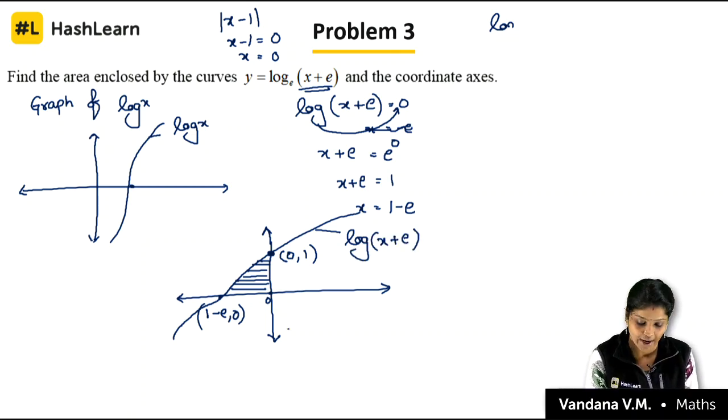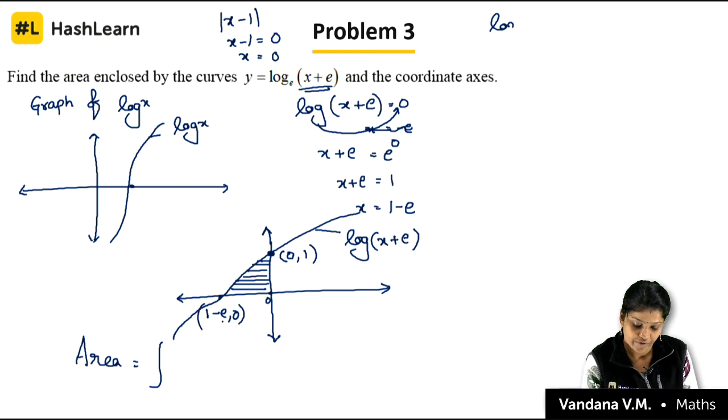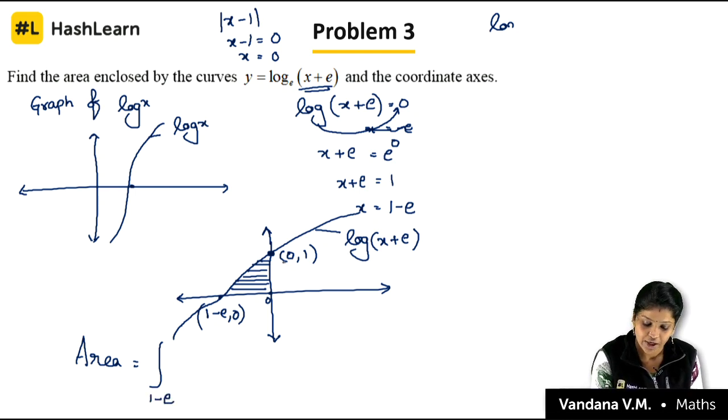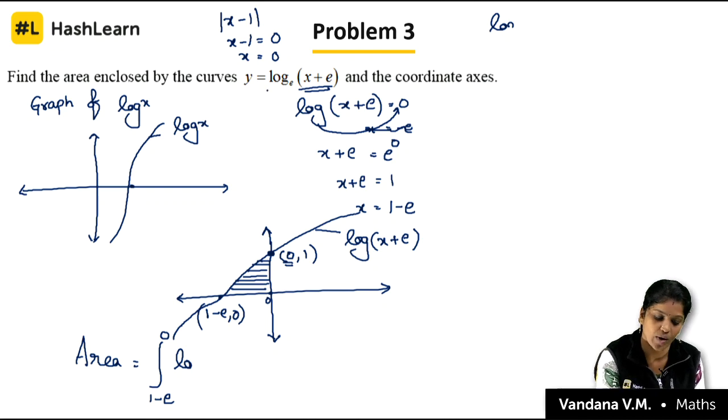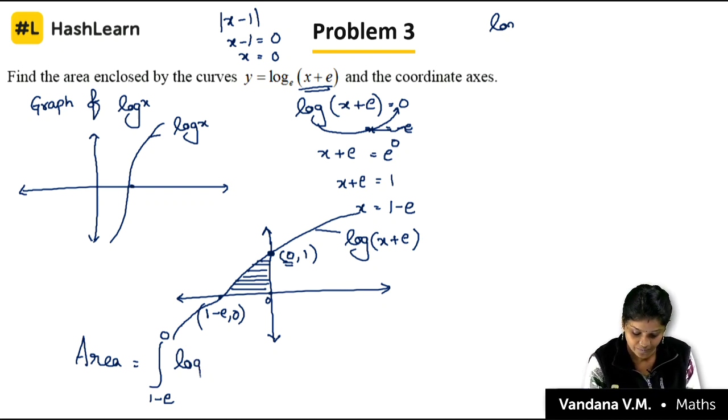Now, what is the required area? The area is the integral. I know the limits of x, so I am taking x limits from 1 minus e to 0. The term inside must be y, which in the given question is log of x plus e.